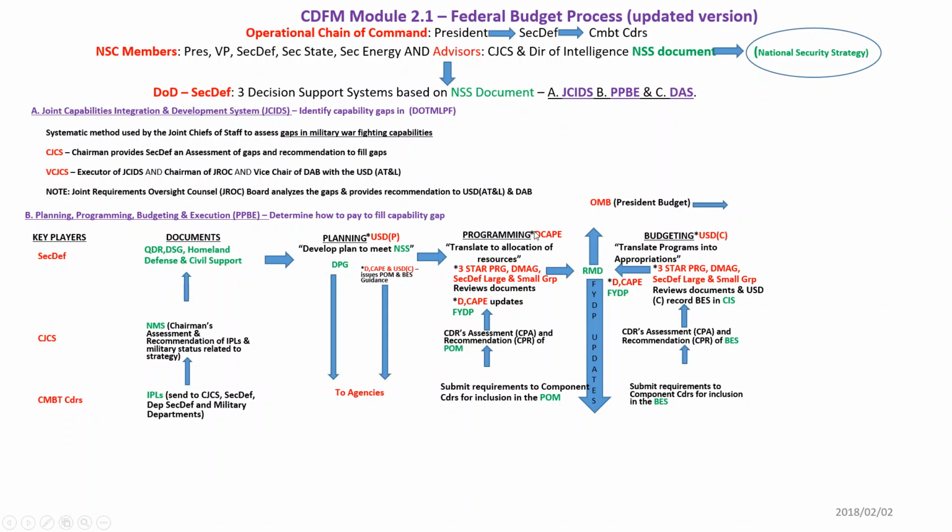The final document in programming and budgeting is the Resource Management Decision. And this just says that the Future Year Defense Program is updated at the same time with the final numbers as it goes forward. And the DoD will then submit their budget request to the Office of Management and Budget for inclusion into the president's budget or the federal budget. So remember, our higher from DoD is OMB, Office of Management and Budget.